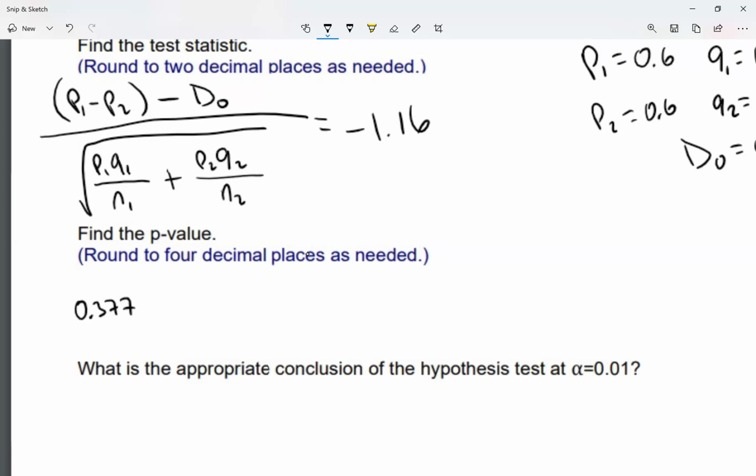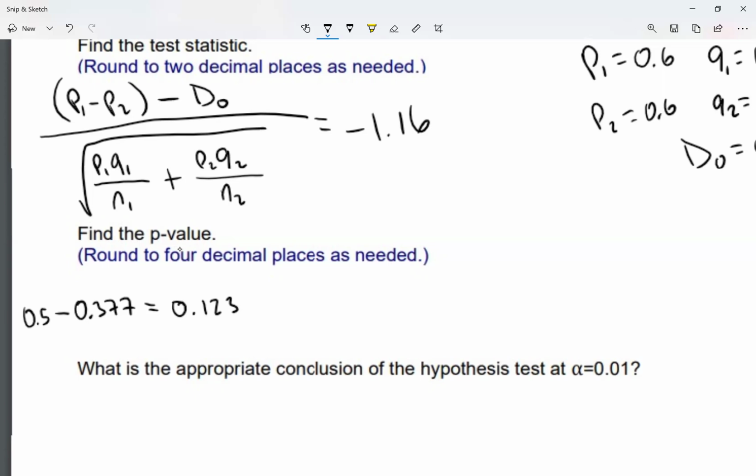This is what I found on my table. I know I have a negative here, but I saw 1.16, and that gives me 0.377. However, to find my p-value, I have to do 0.5 minus 0.377, and this gives me 0.123.